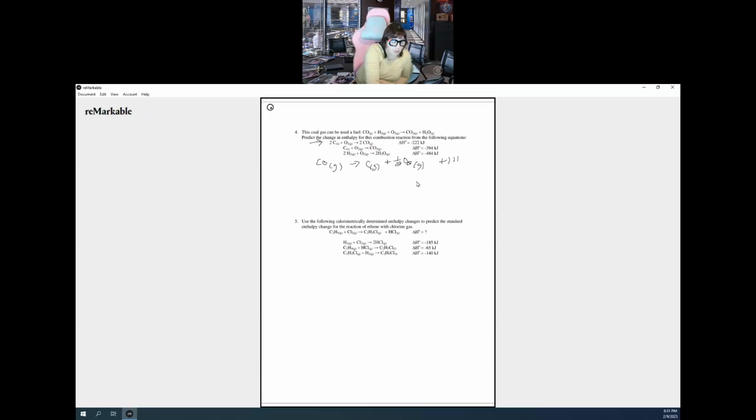I need to have an H2, and it's only one H2 that I'm looking for right there. Okay, so I have an H2 here, but there are 2 of them, so I'm going to take 1/2 of that. So if I do that, that's H2 plus half of an O2, and that gives me 2H2O gas.